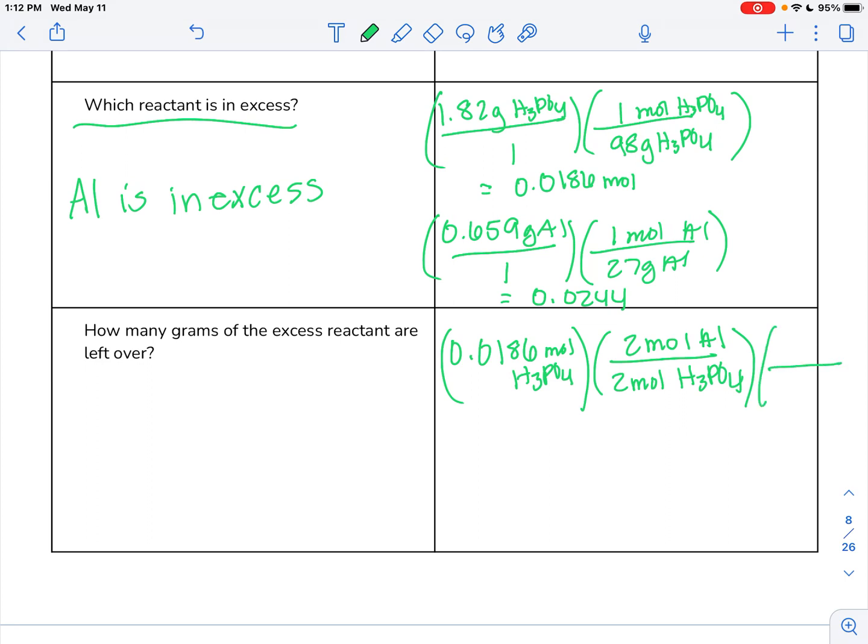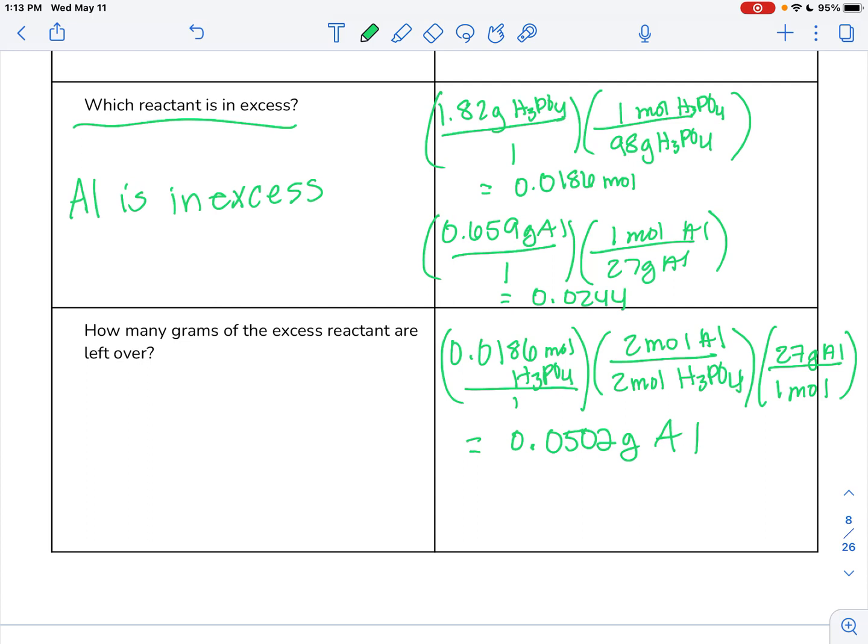And then obviously we're going to Al because that's our excess reagent. That comes out to be, this is the amount that reacted. So the whole thing here is if this much H3PO4, 0.0186 moles of H3PO4, we know that it reacted entirely. So then how much aluminum was used up?